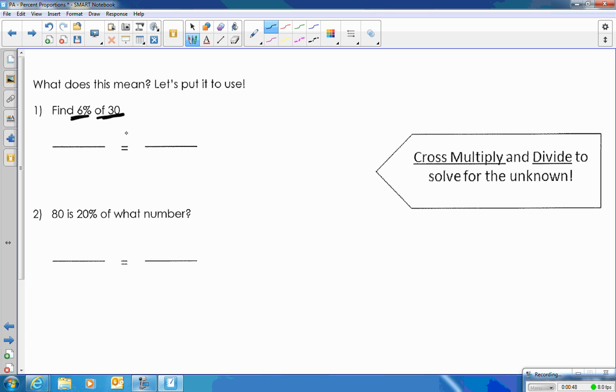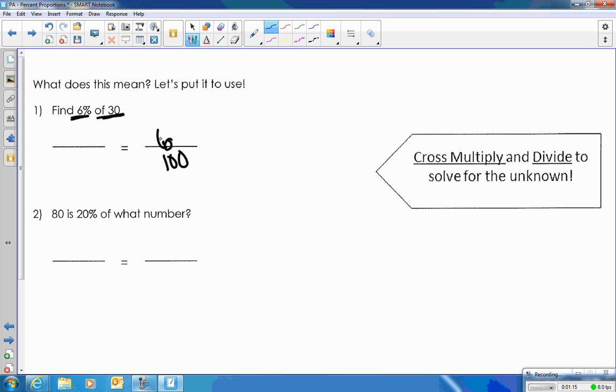See that keyword 30? The percent always goes over 100, except because we're writing it in fraction form, we don't need to write the percent there. And again, percents are always over 100. Now, we're finding 6%, so we need to know what is 6%, which means this is the number right across from it that represents 6%.